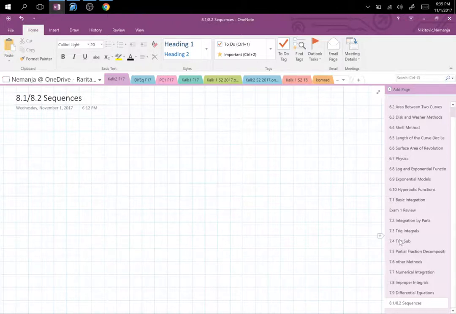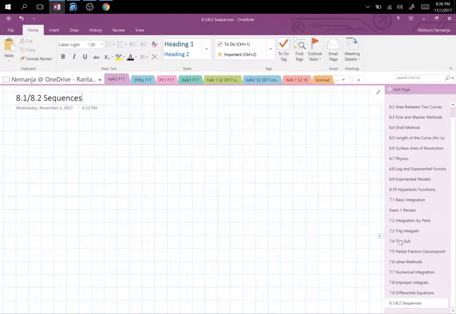So all of the material covered in 8.1, 8.2, and 8.3 will be covered, but not necessarily in that order. I like to separate the two worlds because they are separate worlds. We learn sequences first, and then for the rest of the chapter, 8.3, 8.4, 8.5, and 8.6, we learn series.